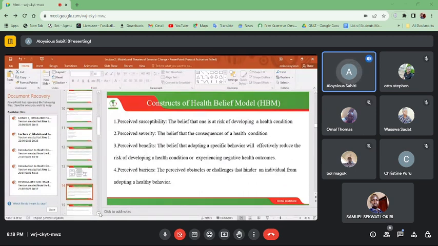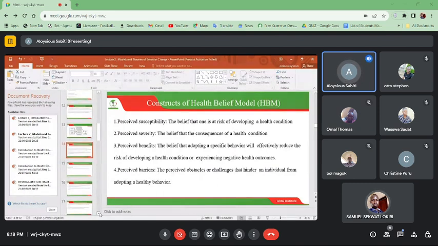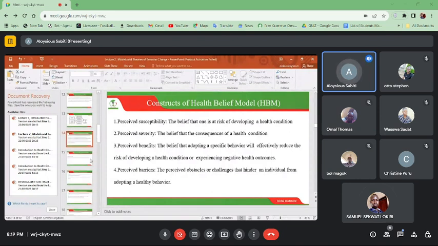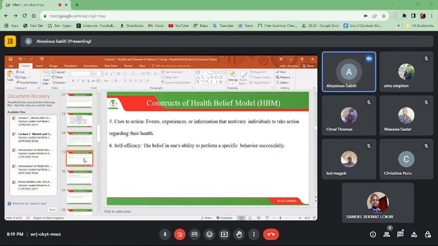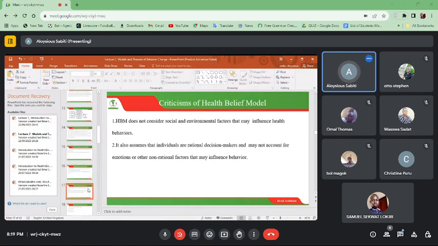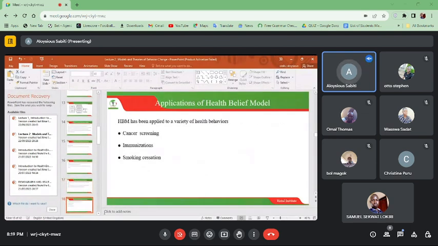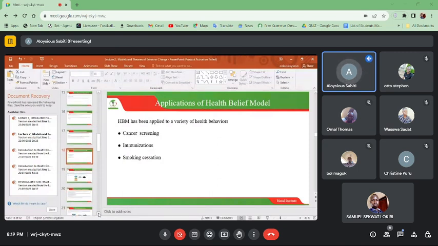Since you were not able to see the slide earlier, I'm quite sure you were able to get the explanation. So these are just the slides. Let me show them to you here, and the advantages are here as well, which I elaborated earlier. Then the criticism, as I explained, and this is how you can apply that particular theory.